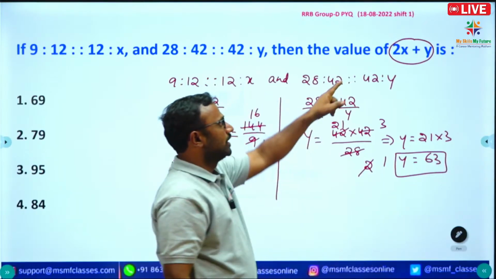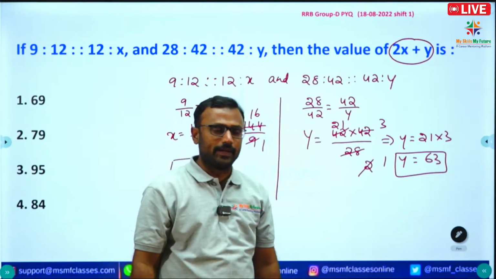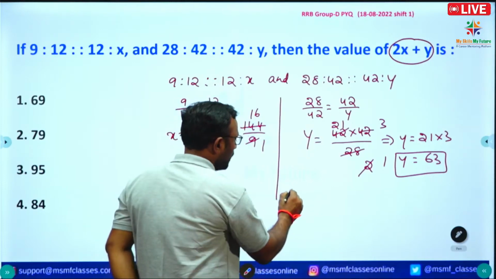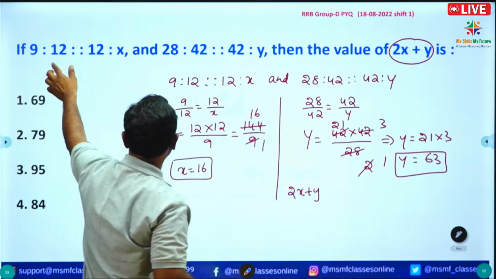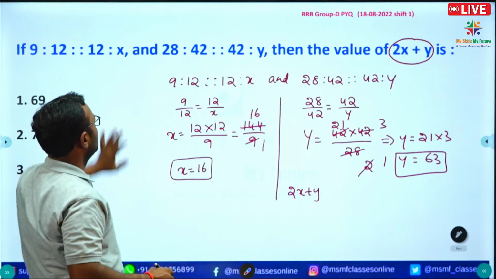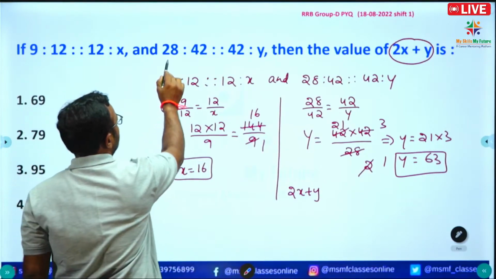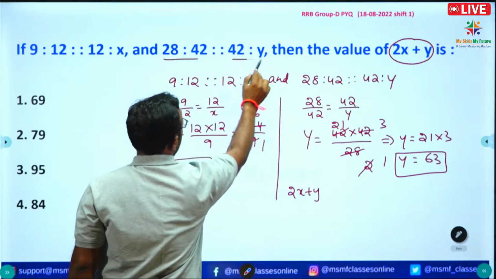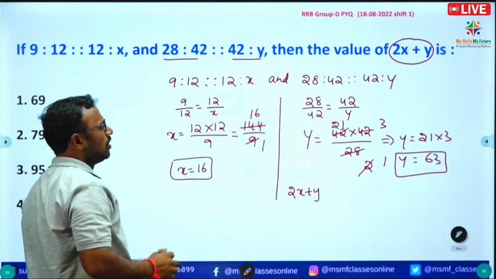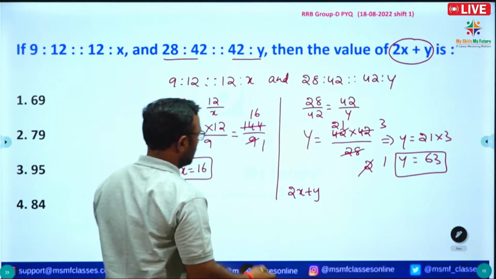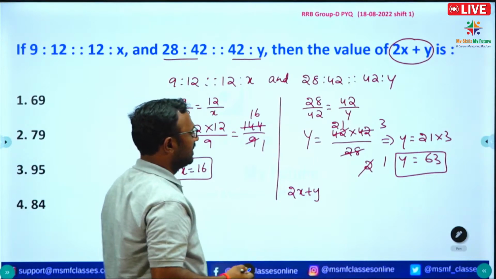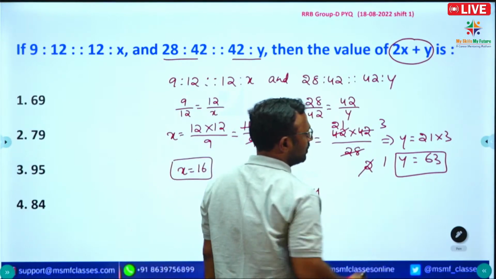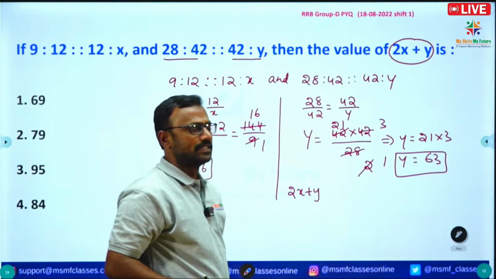So what is our question? Our question is 2x plus y. 9 is to 12 proportionate to 12 is to x, and 28 is to 42 proportionate to 42 is to y. Then the value of 2x plus y is, so we find the value of x, that is x is equal to 16, and we also find y is equal to 63.